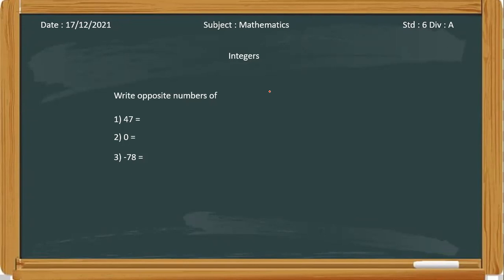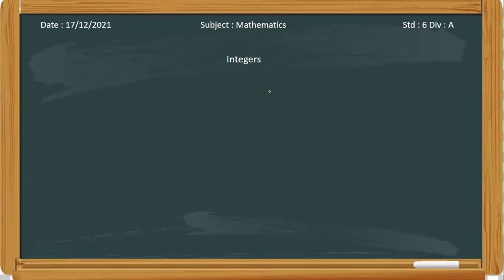Just change the sign. -47. What is the opposite number of 0? 0. Zero does not have any kind of sign. Now -78. 78. Yes, 78. So these are the opposite numbers which we are going to use.